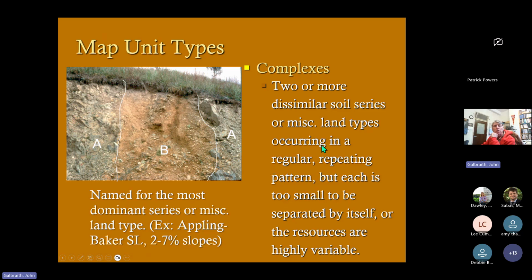Here's what a complex would look like. In this area, you can see that this soil changes every 10 feet. There's no way in the world that you could map out every 10 feet. And there's no indication at the surface that they're different. So what you have to do is you calculate what the percentage of each of these two dominant soils is and report that.